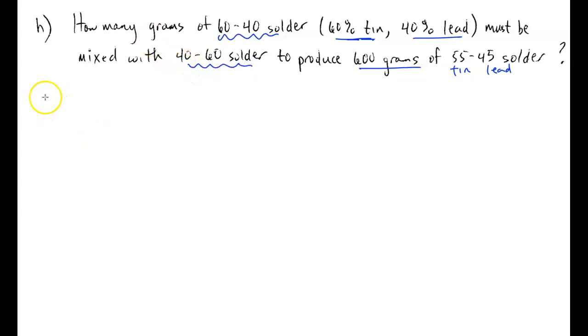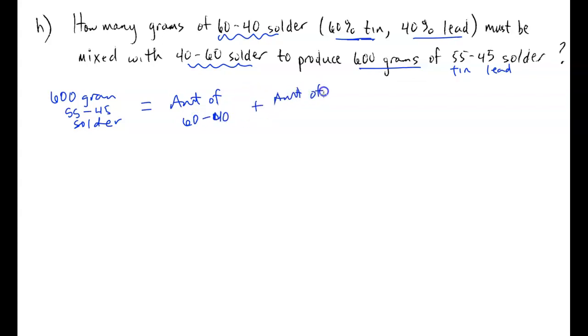So here we know that the 600 grams of 55-45 solder has to be a combination of the amount of 60-40 solder and the amount of 40-60 solder. Okay.